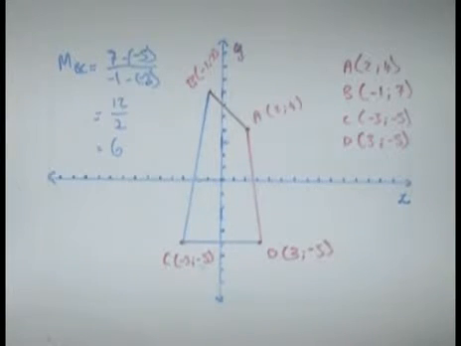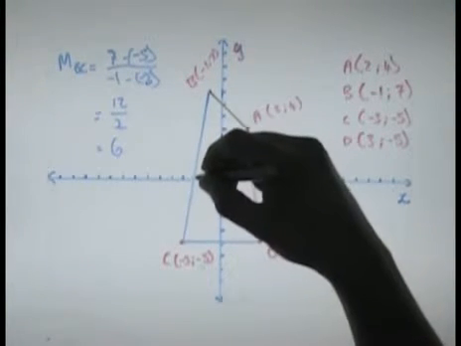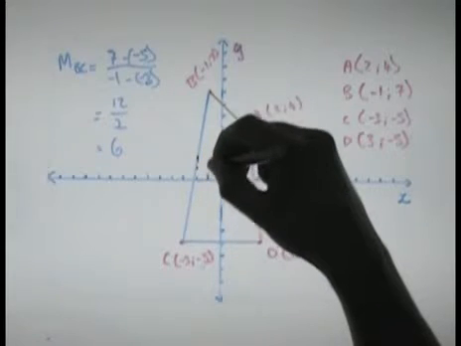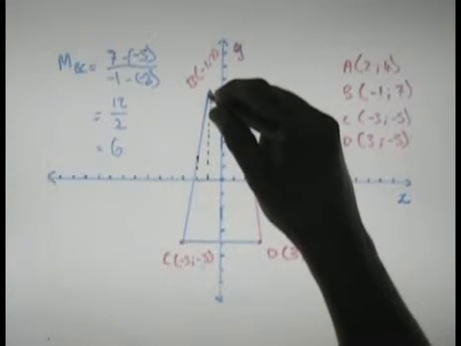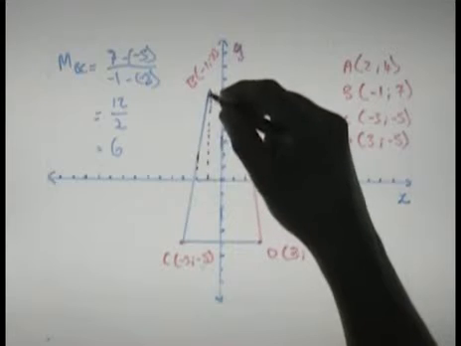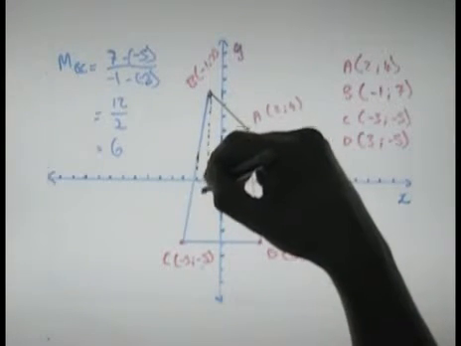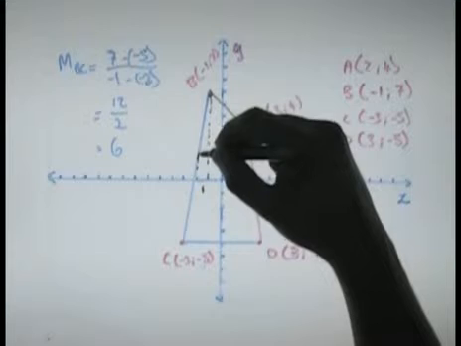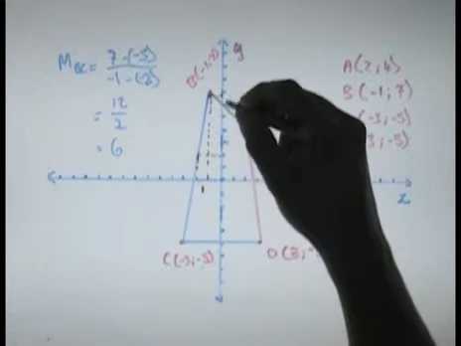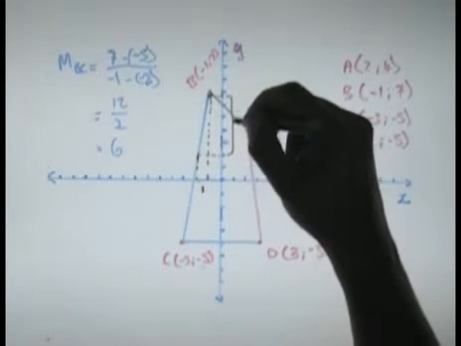Now a gradient of 6, in this case positive 6, means that an increase of 1 in x would be a 6 times increase in y. Let us have a look at that. If I take, for example, this point over here and this x value over here, there's a big difference there. But this is only a change of 1 in the x. But look at the change in the y. It's that amount.